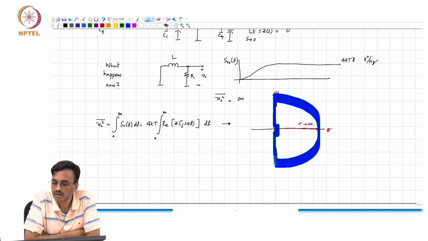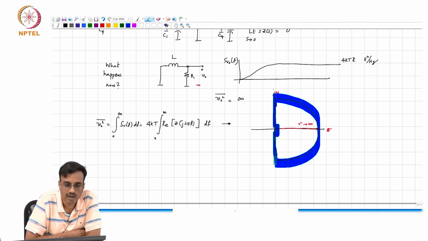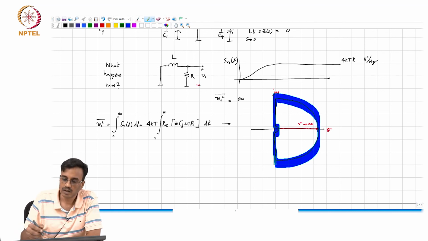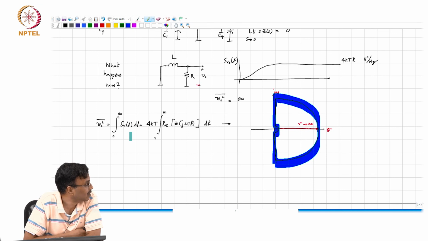I don't know if you are able to see this, but the large circle will turn out to be the limit of s times Z of s as s tends to infinity, and the small semicircular contour will turn out to be the limit of s times Z of s as s tends to 0, and along the axis it will turn out to be the integral from minus infinity to infinity of the real part of Z of j 2 pi f, and you can relate the two and get the answer.